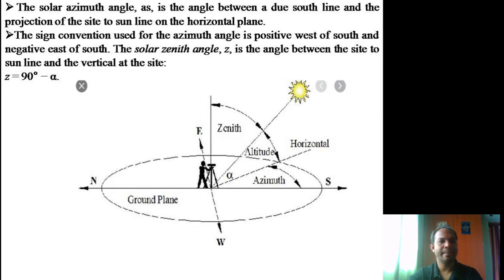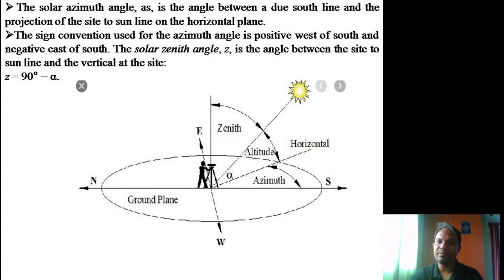The sign convention, once again: the solar azimuth angle is the angle between the due south line and the projection of the site-to-sun line on the horizontal plane. That is the same thing we have discussed now. The sign convention used for azimuth angle is positive west of south and negative east of south. Now this is the south. We consider the azimuth angle as positive when it is towards the west of south, as you can see here on the ground plane.